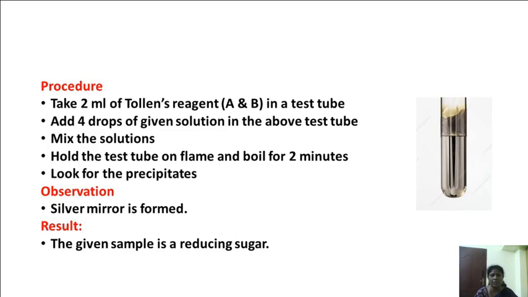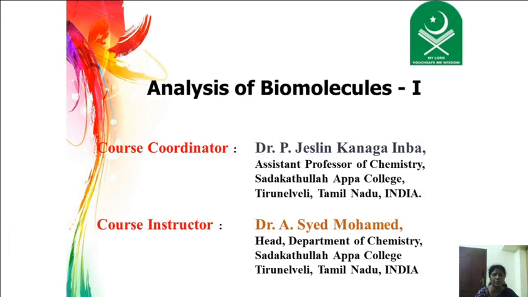Mix the solutions and keep it in a boiling water bath for 2 minutes and look for the precipitate. Silver mirror is formed. This shows the presence of reducing sugar. If silver mirror is formed, then we can confirm that the given sample contains reducing sugar.